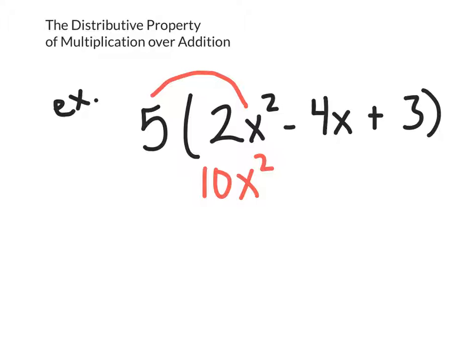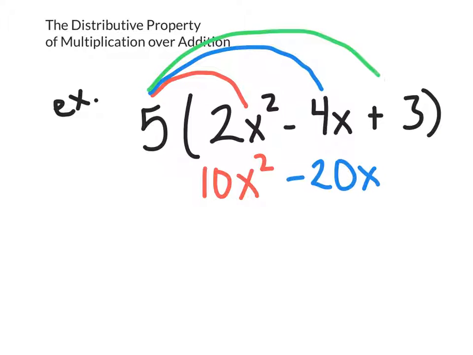In the second situation here, I'm going to multiply 5 times negative 4x. A positive times a negative is going to give me a negative. 5 times 4 is going to get me 20x. And the last scenario is going to be 5 times 3. 5 times positive 3 is going to give me a positive 15.